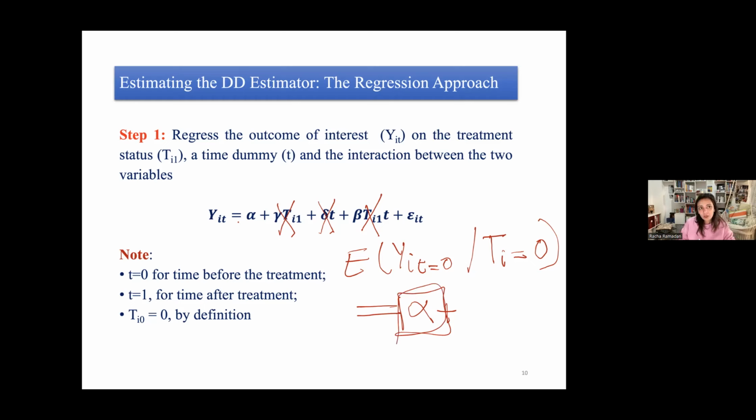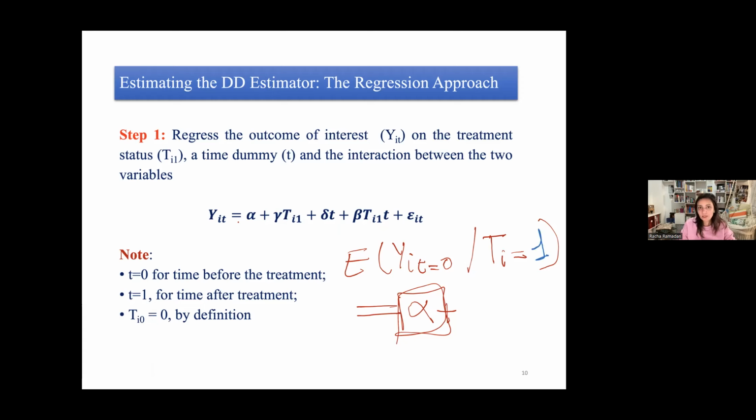Would you please write alpha in your notes, because I will want you to use this answer to answer another question later on. Now I want you to calculate, so I will remove this one, what would be the outcome of an individual who is treated.